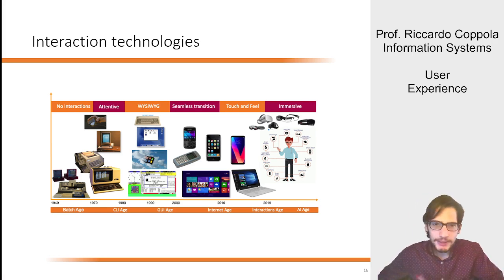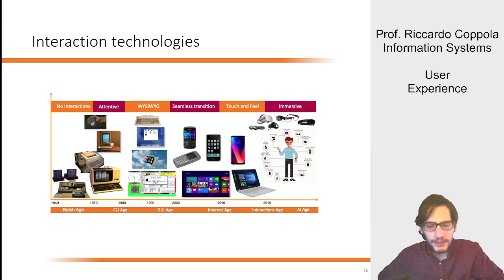Then we started to provide some intelligence to previously stupid devices like phones. So we started having graphical user interfaces for mobile phones. Then we moved to the internet age and to the so-called interactions age, where everything started to be interactable.